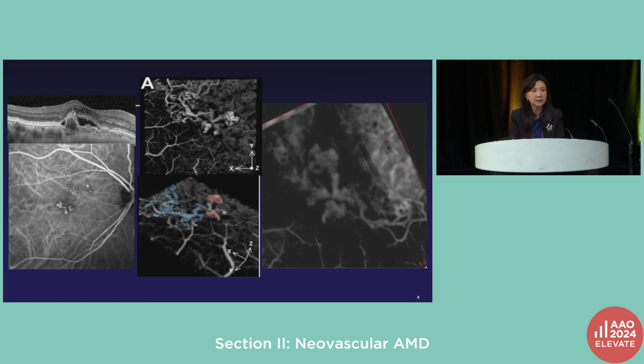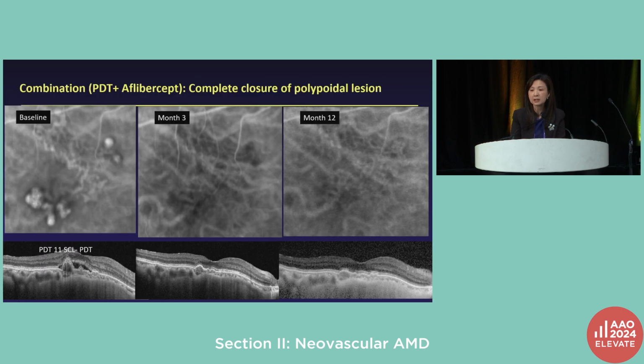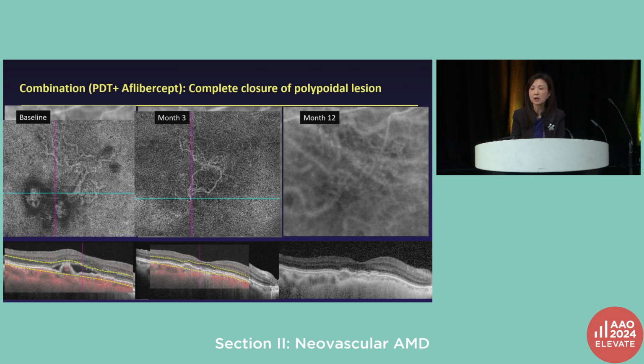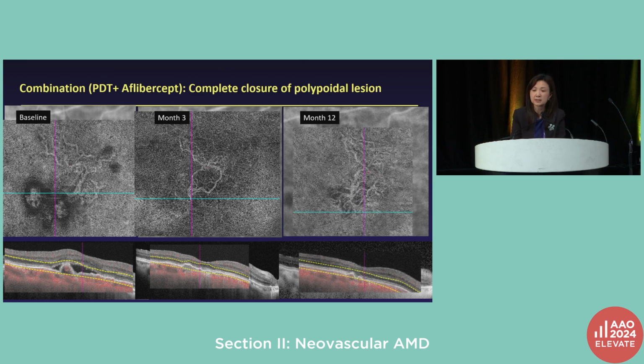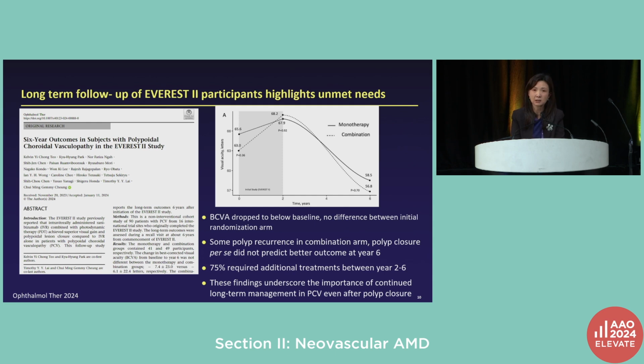So if we look at the OCT angiography of such an eye treated with combination, you can see very rapid closure of that whole complex at month 3, staying closed at month 12. And in the corresponding OCT angiography, you can see obliteration of the flow within the polypoidal lesion. On the branching vascular network, you can see reduction in the vessel density at month 3, but at month 12, there is some return with finer vasculature coming back.